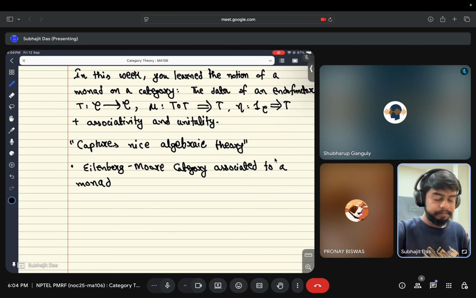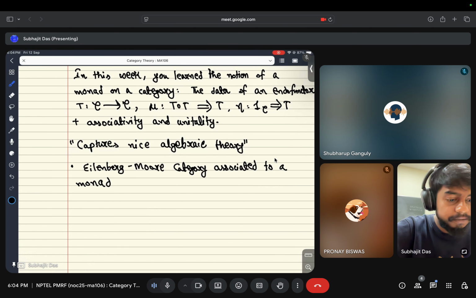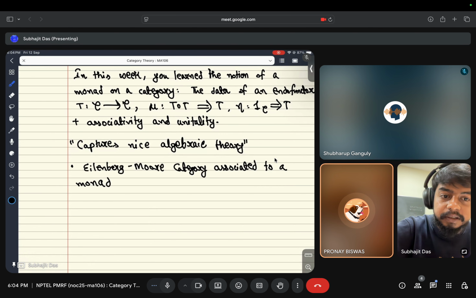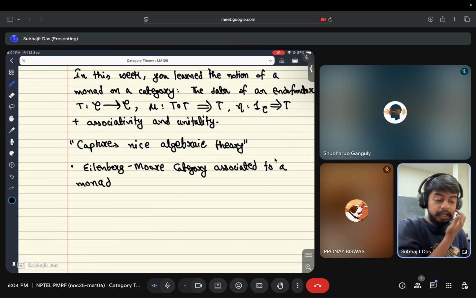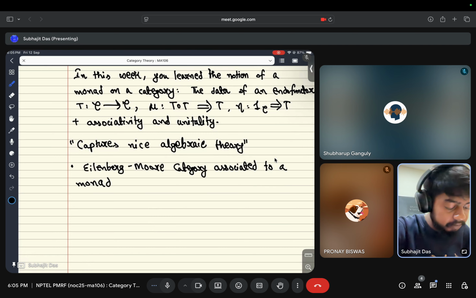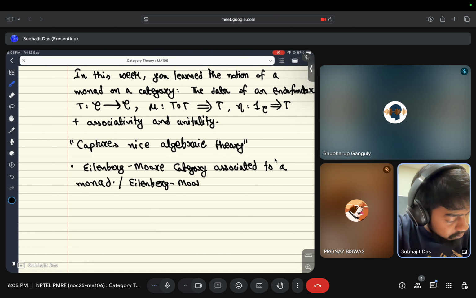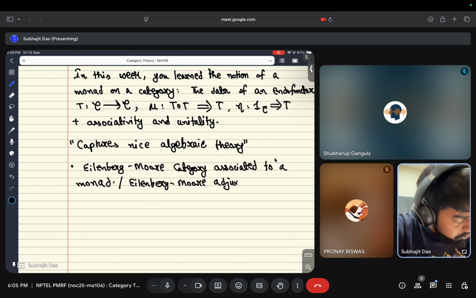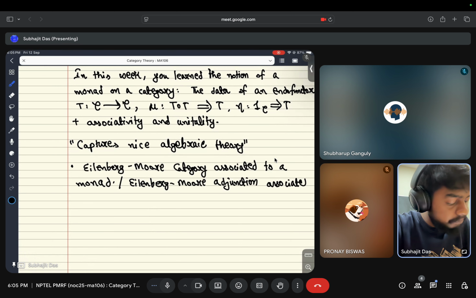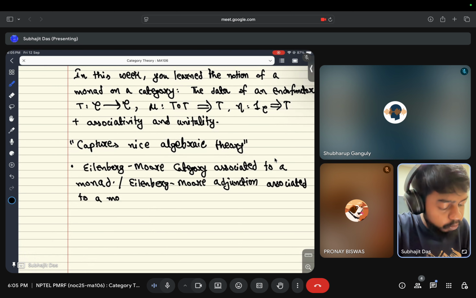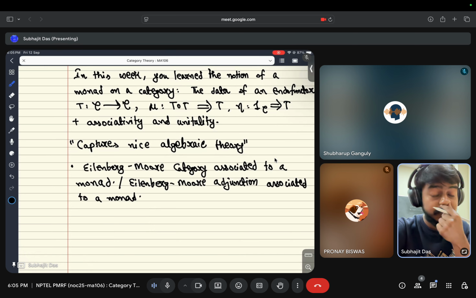Fine, we'll just stick to Eilenberg-Moore categories, and moreover, you also have the notion of an Eilenberg-Moore adjunction associated to a monad. So essentially this is supposed to capture or answer the question.